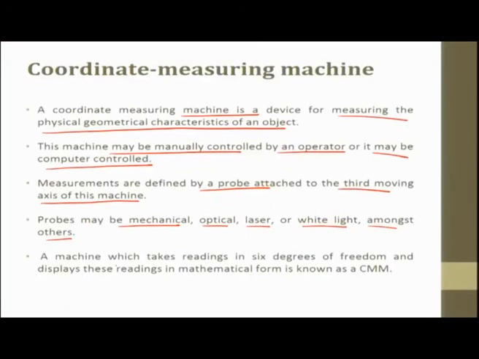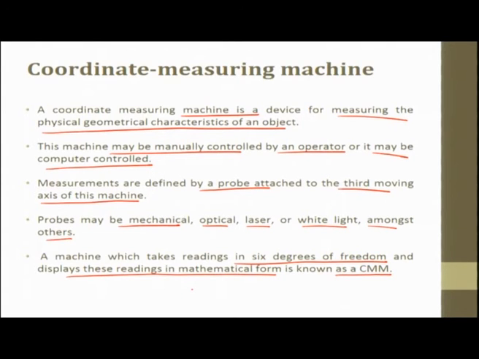The machine which takes readings in 6 degrees of freedom and displays these readings in mathematical form is known as a coordinate measuring machine. The 6 degrees of freedom mean all the dimensions are taken into account. In mathematical form, the readings can be obtained like the distance between two objects and the shape of the object.